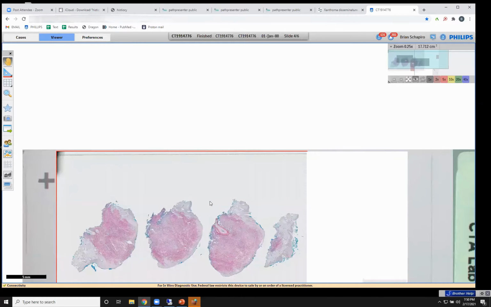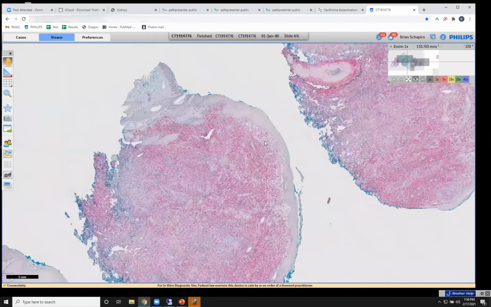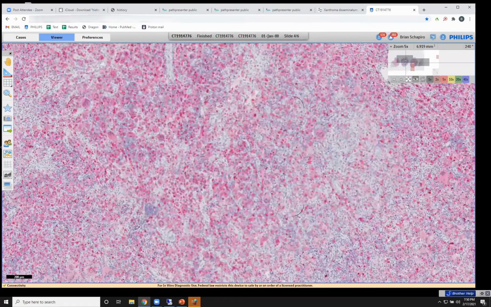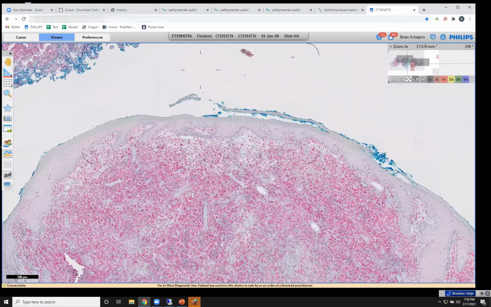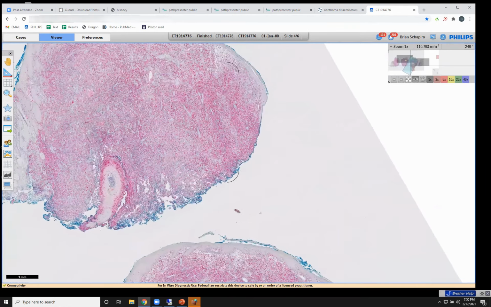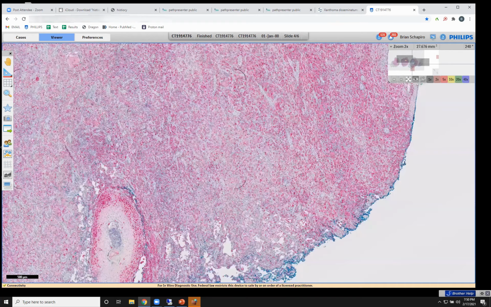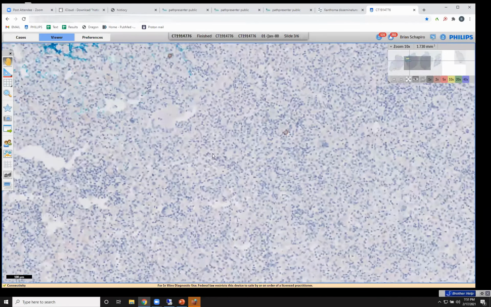So let's just show this. This is the S100, and you don't even have to go up to high power because you can see all these mononuclear histiocytic cells are S100 positive. Beautiful stain. So this is S100 positive with emperipolesis. This is Rosai-Dorfman disease, and they are CD1a negative. And this is the CD1a stain.